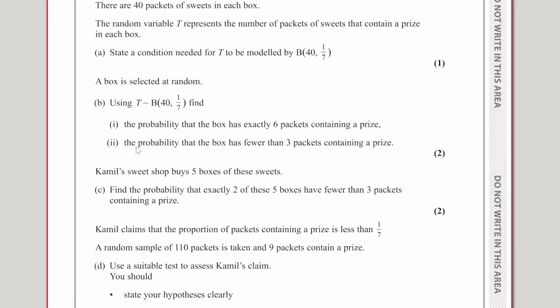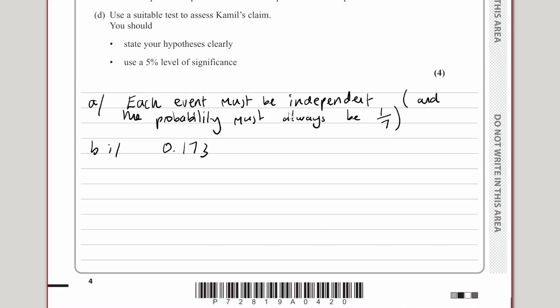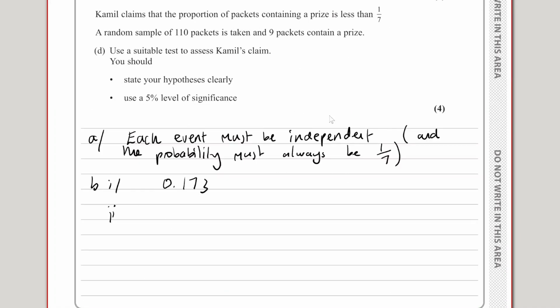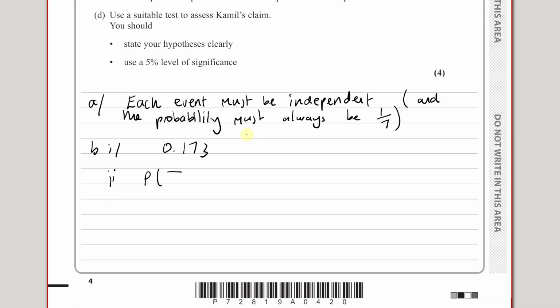The probability we have fewer than 3 containing a prize. So when we're using the binomial, it's always got to be less than or equal to. So we want the probability it's less than or equal to 2. So it's the probability T is less than or equal to 2.